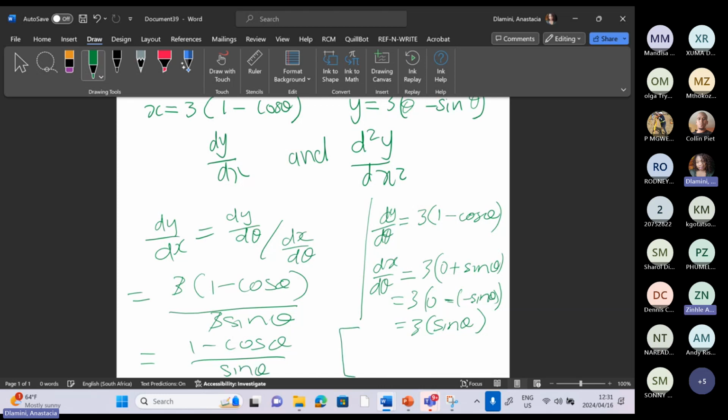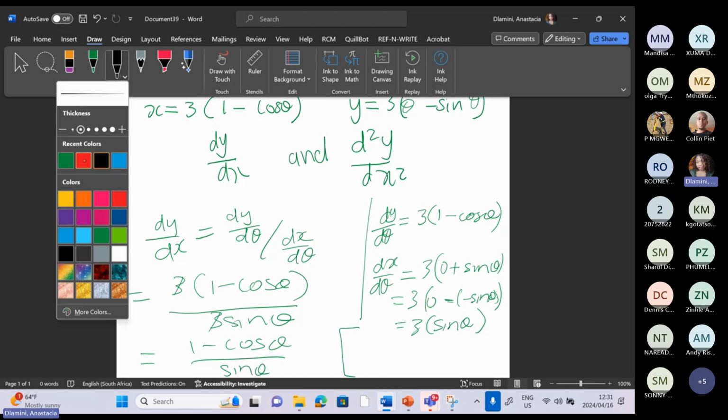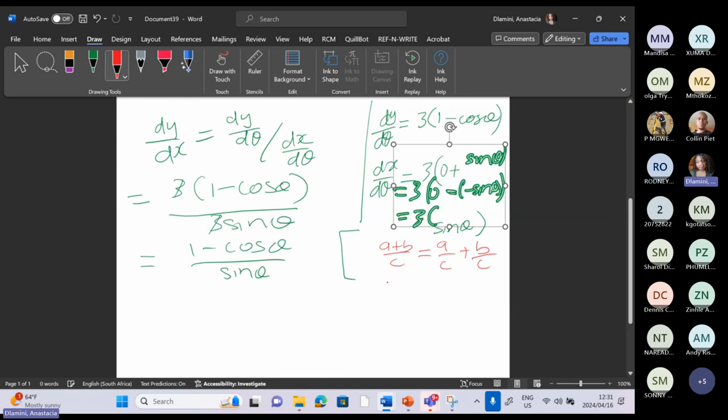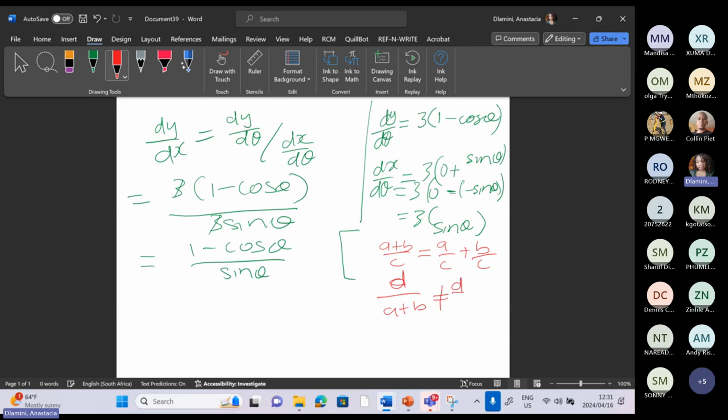Now, taking you back to high school, we say a plus b over c can be written as a over c plus b over c. But d over a plus b cannot be written as d over a plus d over b. Are we together? This is incorrect.